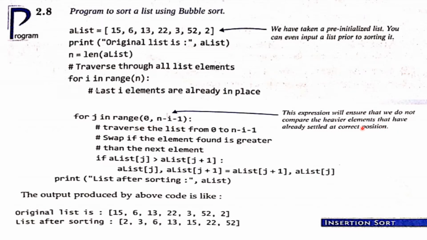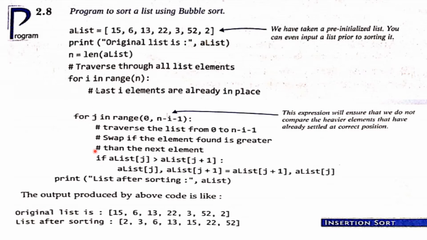This expression ensures that we do not compare the heavier or greater elements that have already settled at the correct position. Each time a comparison is made in one pass, we get the largest number at the end, so next time we do not need to compare with that number. That is why there is the minus 1.